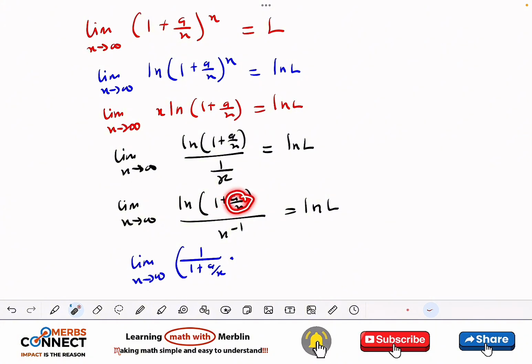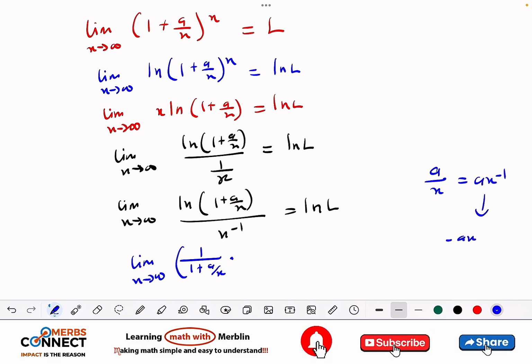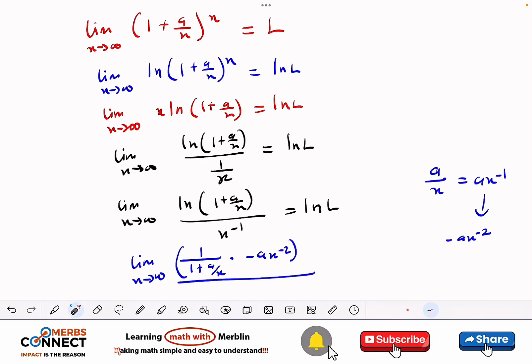When I differentiate a over x, a over x is the same as a x to the power minus 1, so differentiating this will give us minus a x to the power minus 2, right? So this is going to give us minus a x to the power minus 2 divided by, when I differentiate the denominator, minus x to the power minus 2. And then this is equal to the natural log of L.